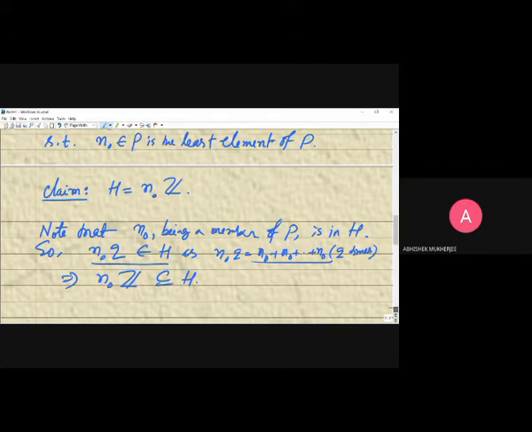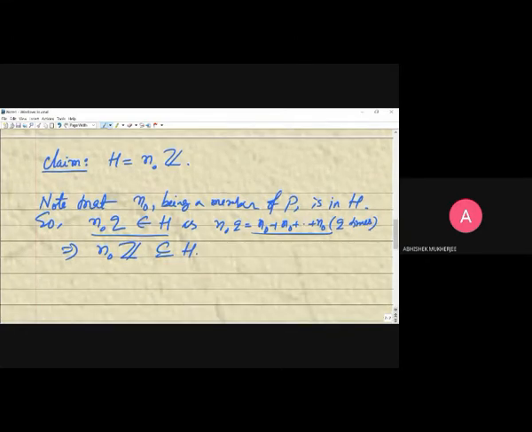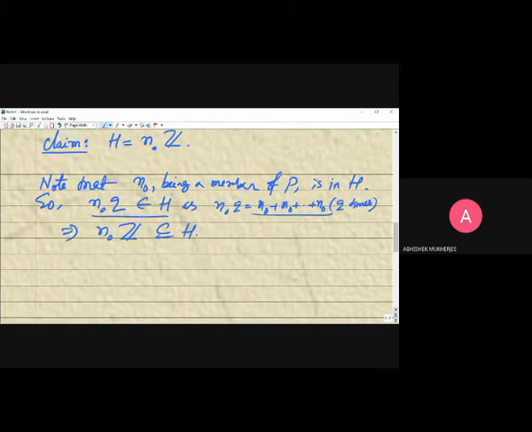You need to consider the other inequality. That is, you need to show that H is a subset of N naught Z. So for the reverse inequality, let B belong to H. Now our aim is to show that this B is a multiple of N naught.